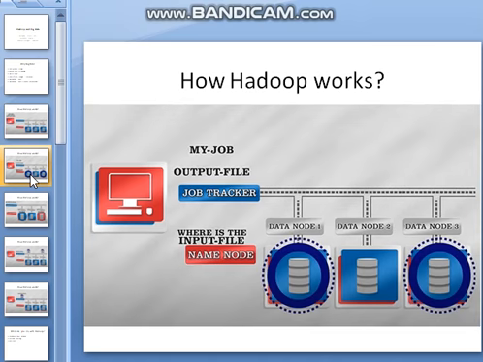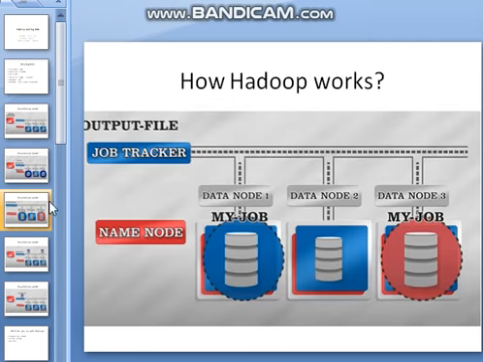First, my input file goes through the job tracker to the name node, and then it's distributed to the data nodes, and the file I want is searched for, found in node 1 and node 3.